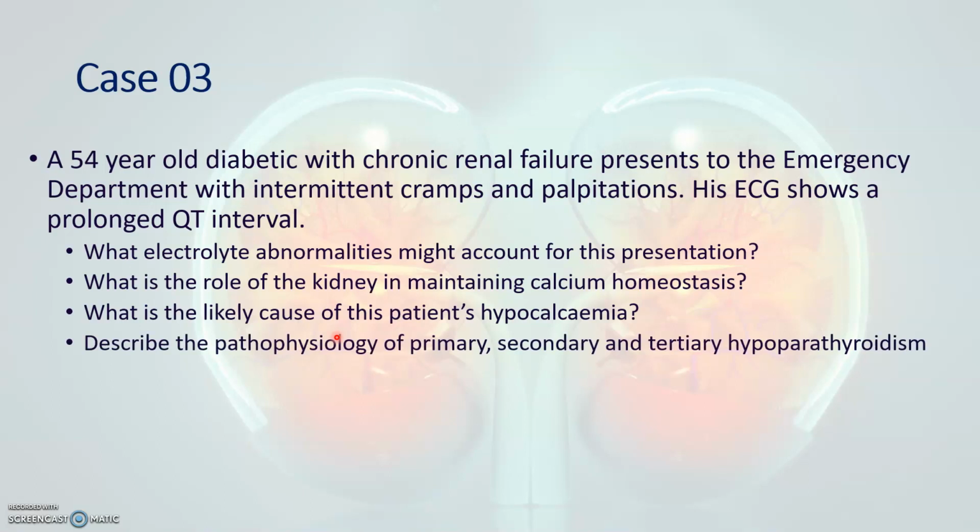After we talk about calcium and magnesium homeostasis, we'll spend a little bit of time just going through primary, secondary and tertiary parathyroidism in the patient with chronic renal disease.